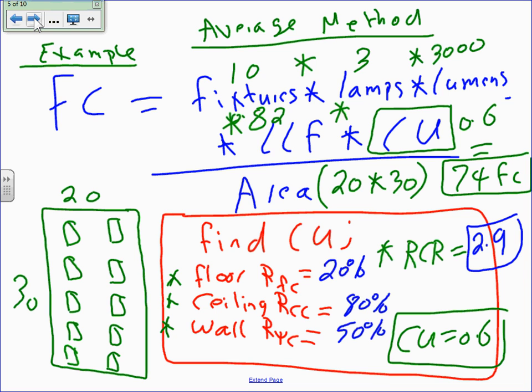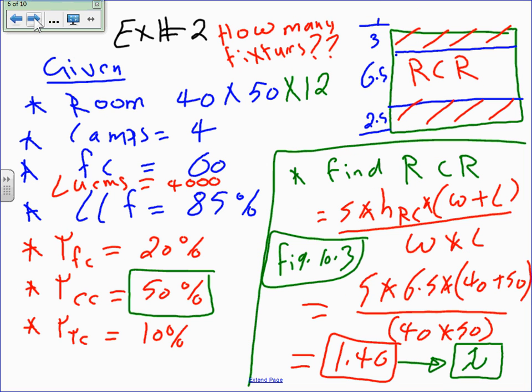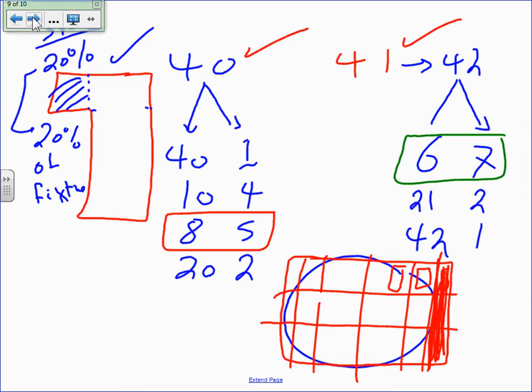Okay, let me just get you guys to use that table for 1 second.